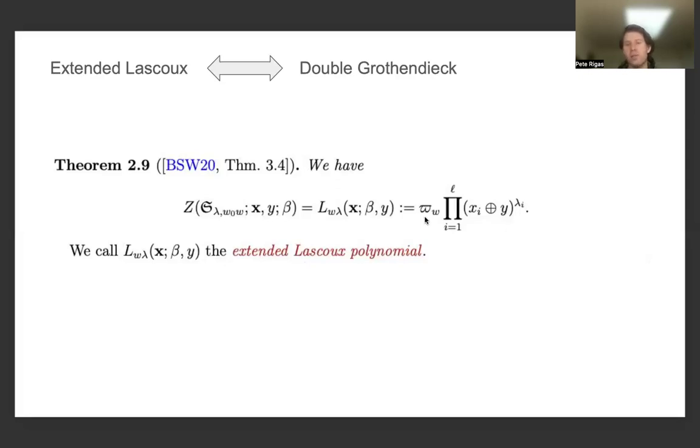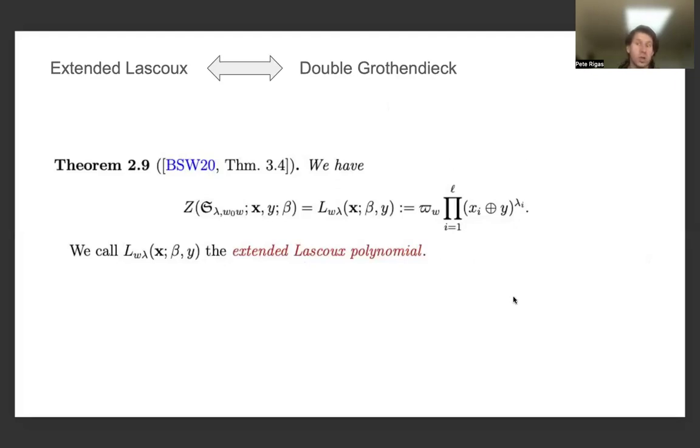And this is given by the fact that already the double Grothendieck, the fact that the Grothendieck polynomials are double, is coming from the fact that you're taking a product over i, where this x sub i term is in the product, but you're also taking a direct sum of each of the x sub i's with a y, and you're raising it to the lambda sub i, as well as multiplying it by an appropriate weight, which is a prefactor to this product over i.